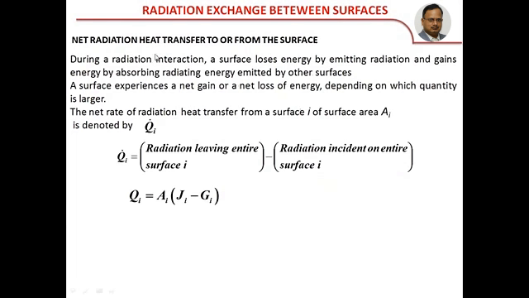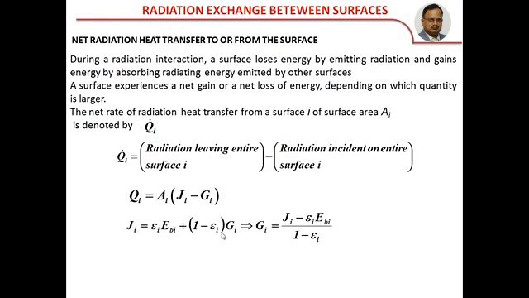Under such circumstances, what is the net radiation heat transfer to or from a surface? Simple. Net heat transfer is radiation leaving the entire surface minus radiation incident on the entire surface. J minus G, where J is the radiosity, G is the irradiation, the radiation intensity that is falling on it.